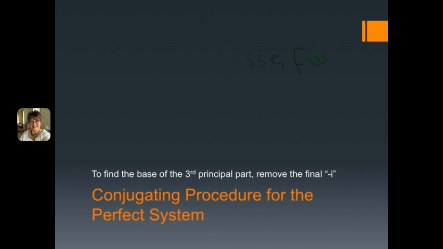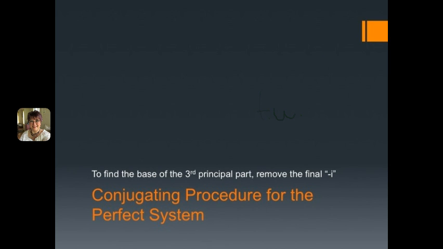To get the base of the third principal part, remove the final I, and what is left over is the base. This is the only time you get to answer me by saying F-U.